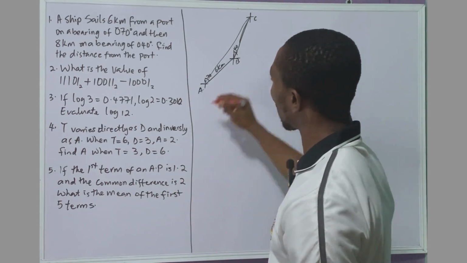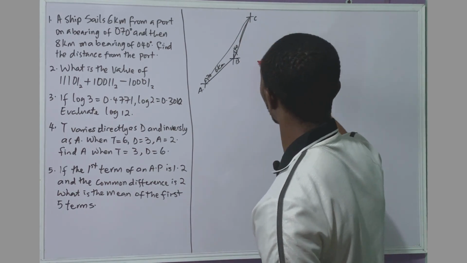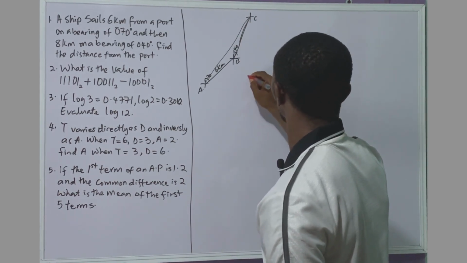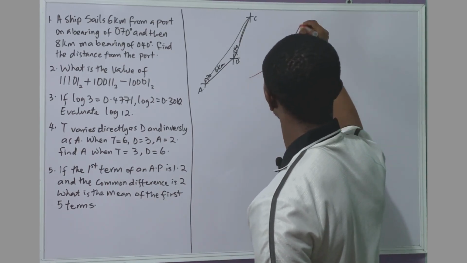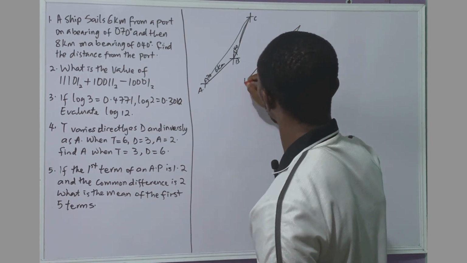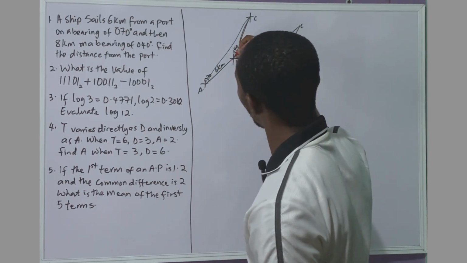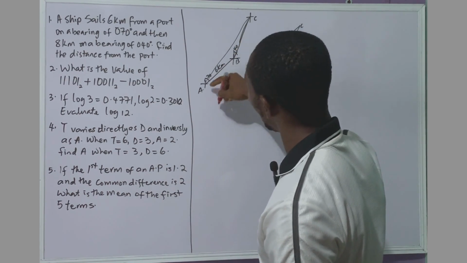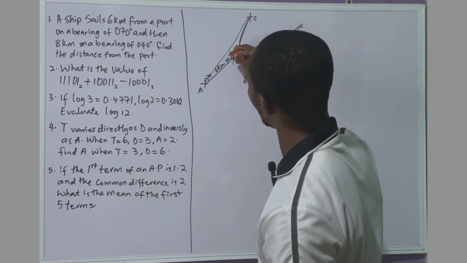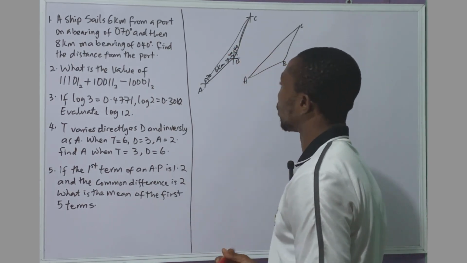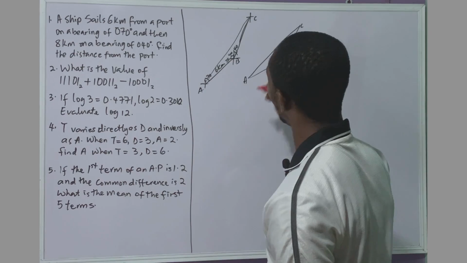Now, for us to calculate this distance, AC, let's look at a triangle in this form. This is A, this is B, and this is C. So our angle here will be 20 plus 90 plus 40, that gives us about 150 degrees.